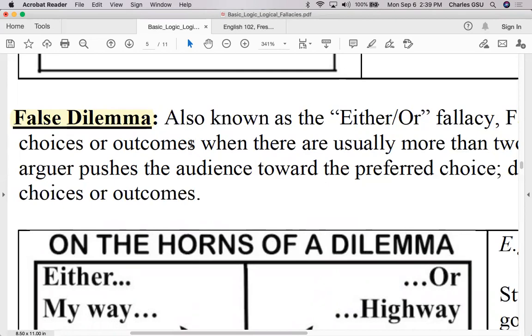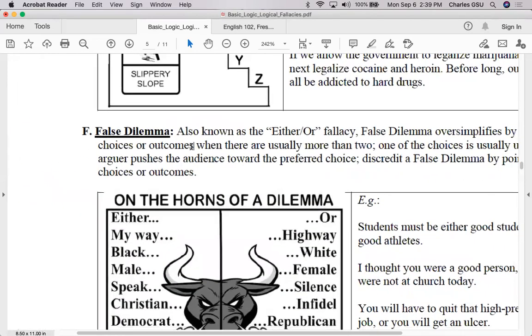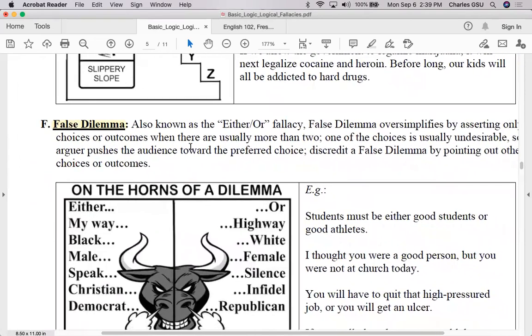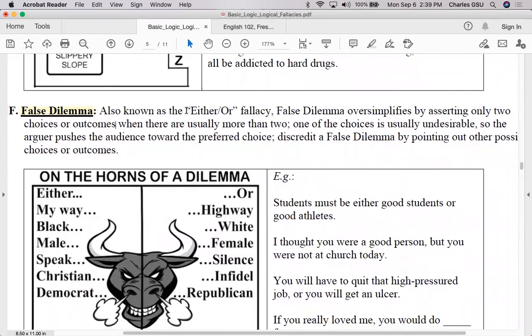You're presented with two possible outcomes. And this fallacy is also known as the either-or fallacy, because often, though not always, like right here in this example, there's either-or in the actual construction of the statement. So look out for that kind of wording when you take the quiz.